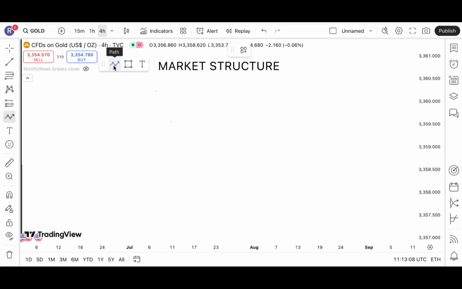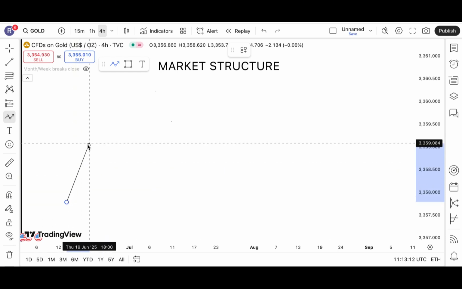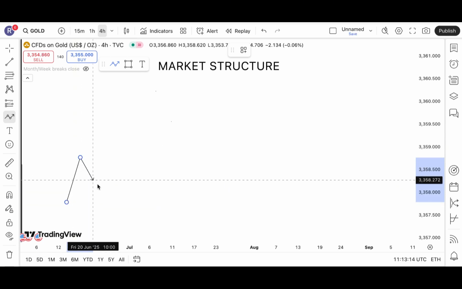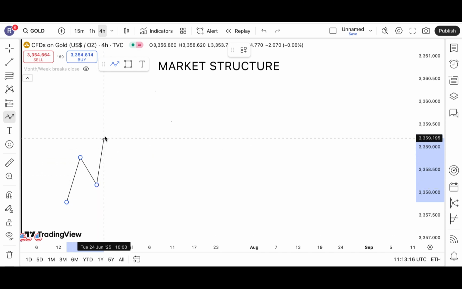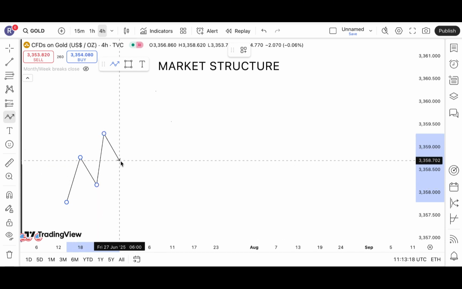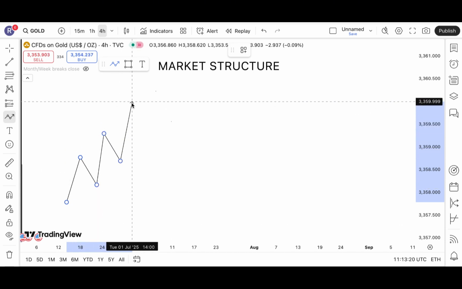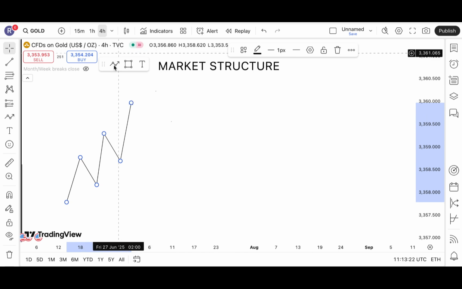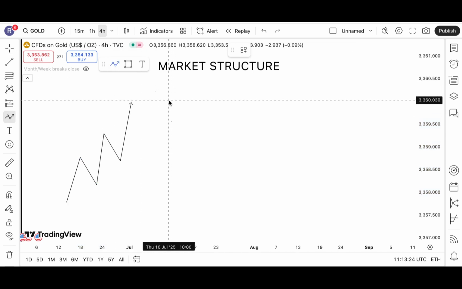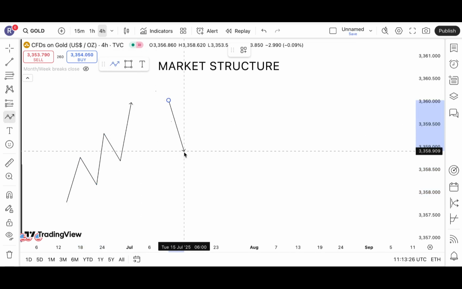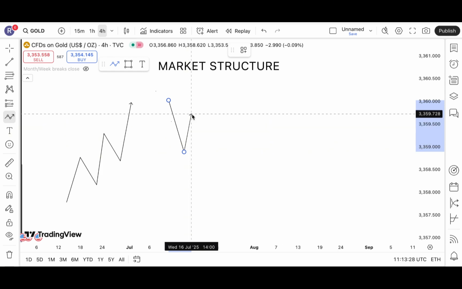Let me give you a pictorial view. So this is a series where the market is making higher highs, as you can see here, higher highs, higher lows. And this is an uptrend. And we have also where the market makes lower lows and lower highs.